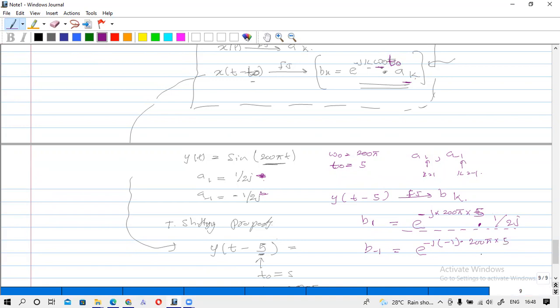So this is also a constant, and it should be multiplied by a minus 1. What is a minus 1? Minus 1 by 2j. So this is the other answer. You can find b1 and b minus 1.